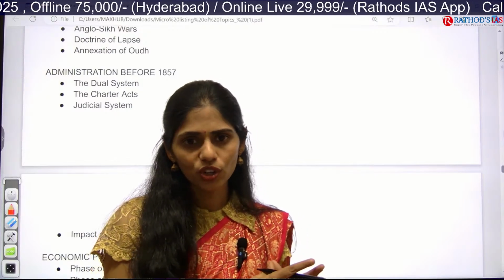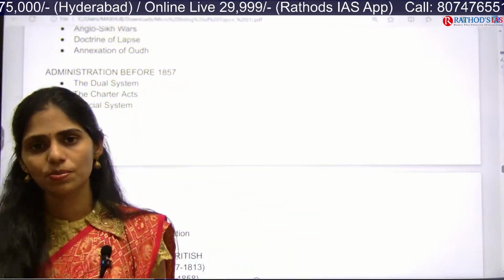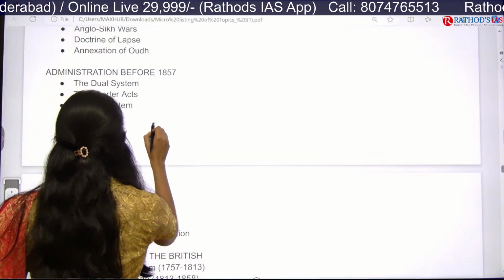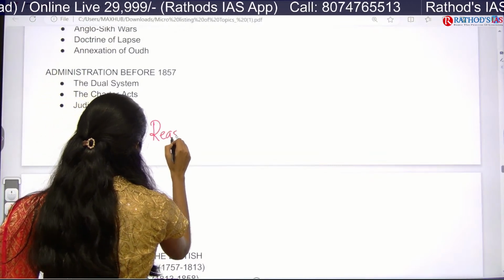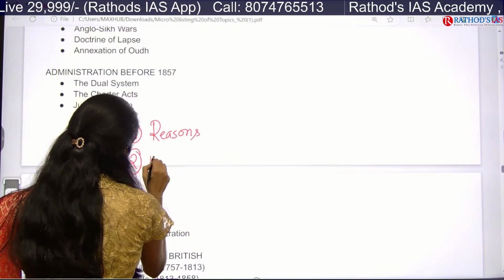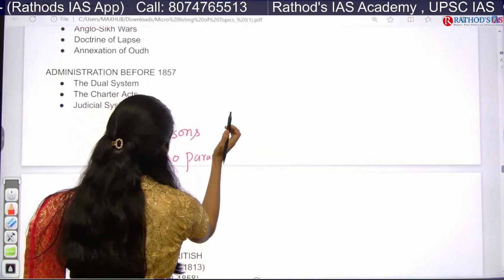So you have to know the immediate reasons and other reasons that led to the Sepoy revolt. The first is the reasons, and the second is who participated in this revolt of 1857.